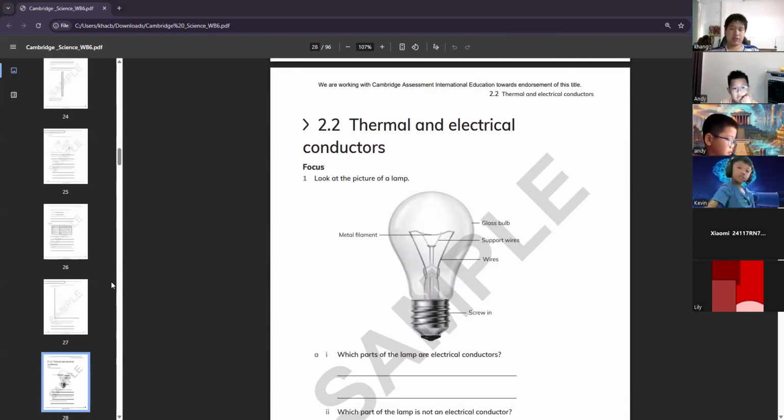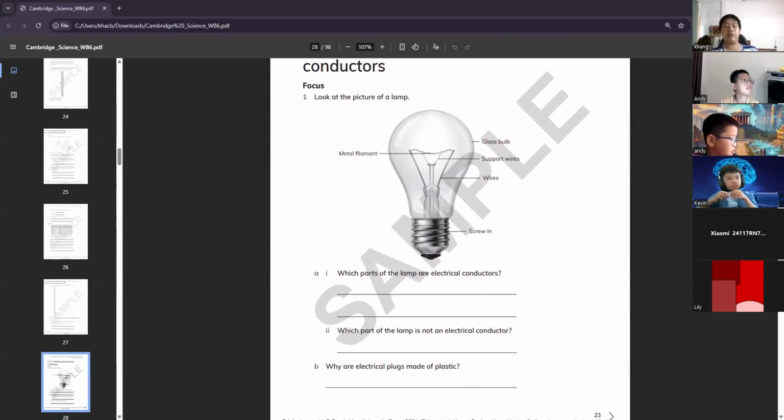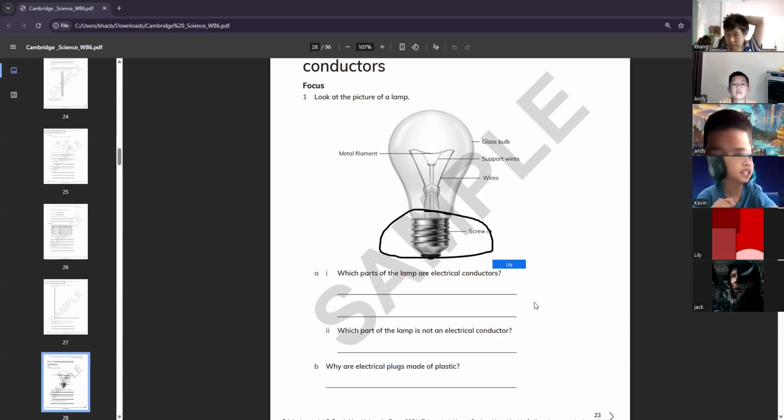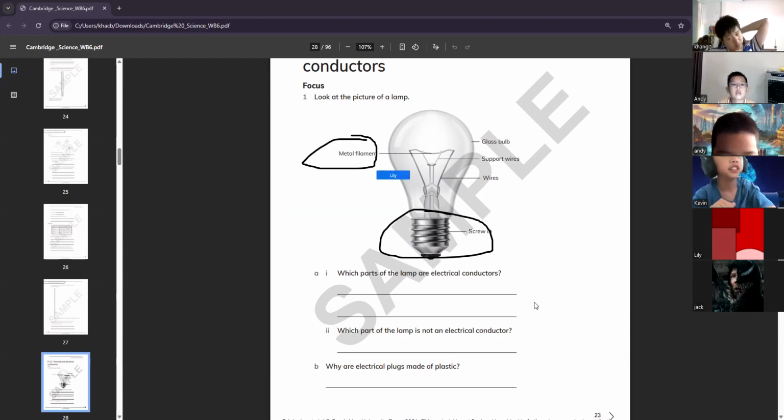All right. Now, thermal and electrical conductors. Look at this picture of a lamp. Can anybody tell me which parts of the light bulb are electrical conductors? The conductors are the screw-in, wires, support wires, and metal filament.